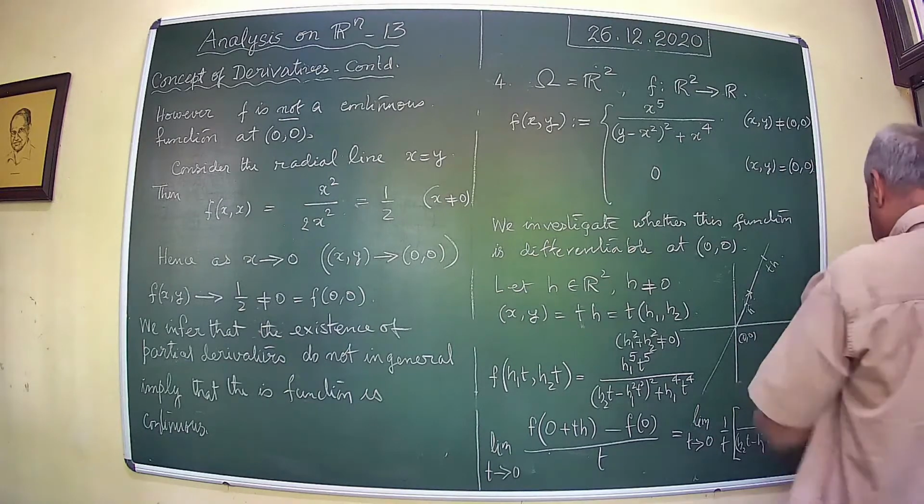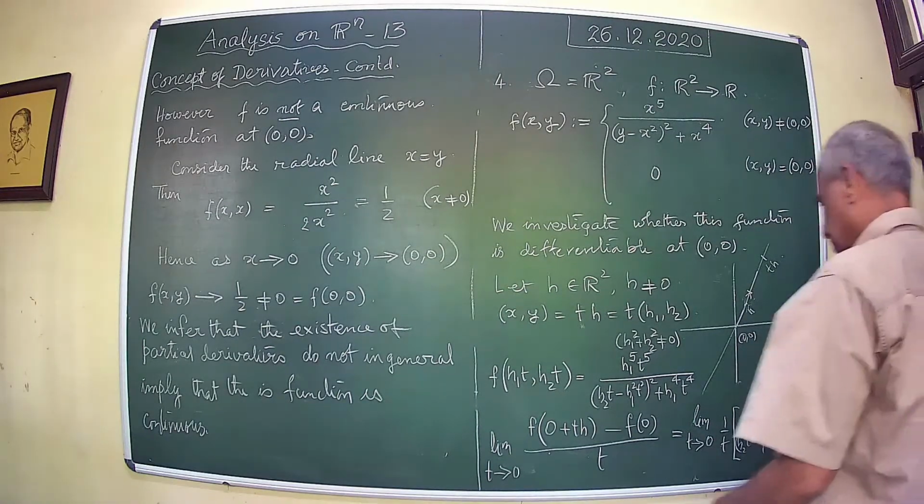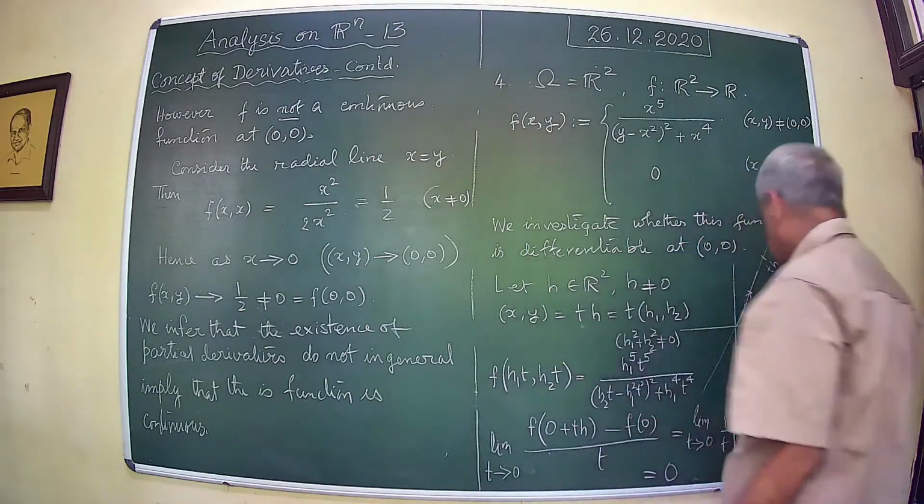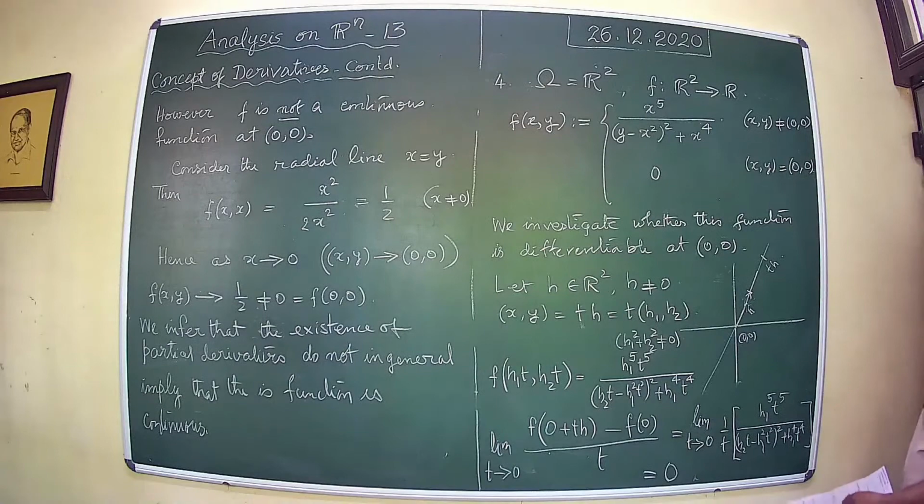You can show that as t tends to 0, this is equal to 0, that's very easy, some cancellations take place.